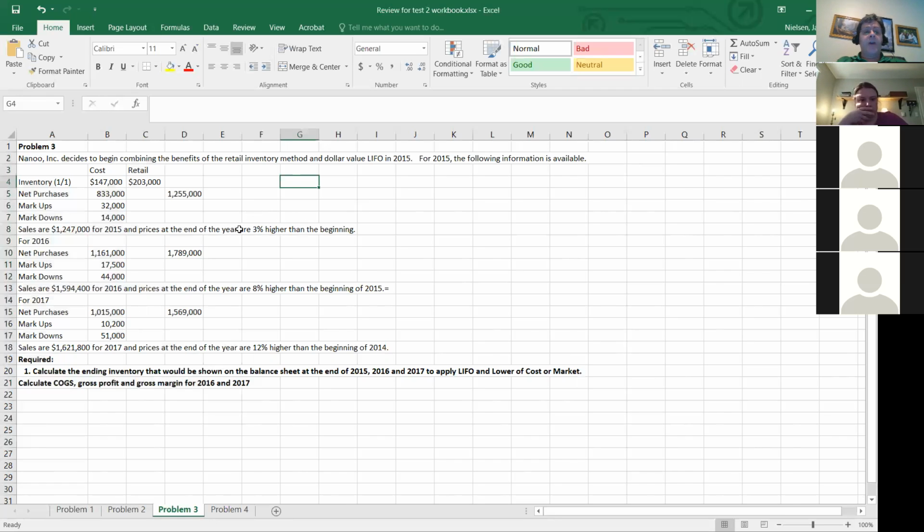And we do know that the prices are 3% higher at the end of the year than at the beginning. Okay, so we're going to use that in a minute here. But we generally need to figure out our cost percentage first.